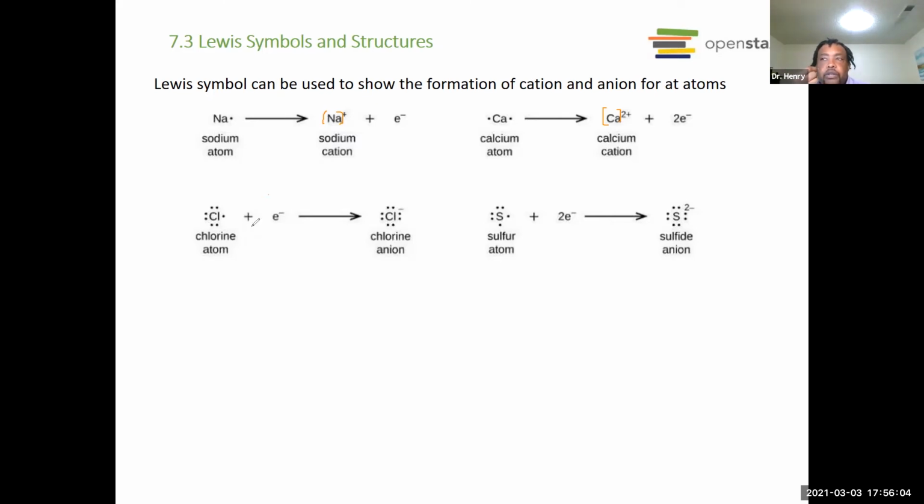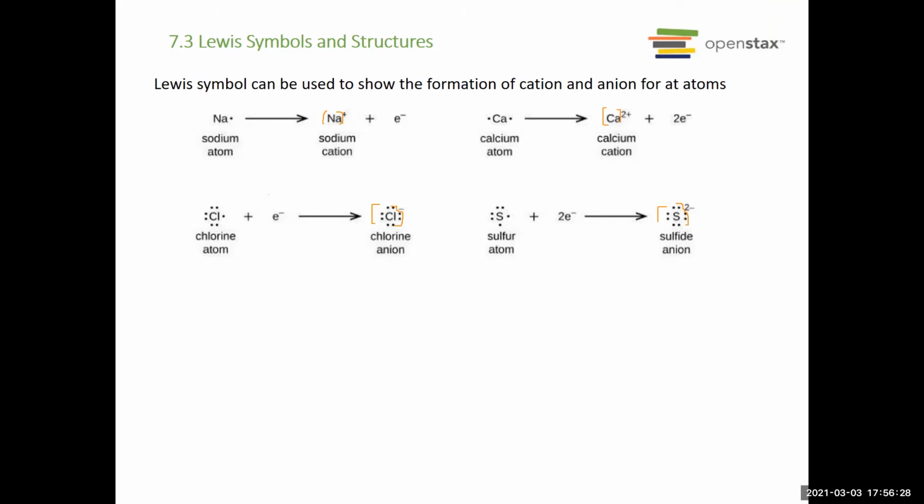So if we add an electron to it, then we have the chloride ion. Sulfur wants to gain 2. Then we have the sulfide ion. Okay? Simple? Yes.